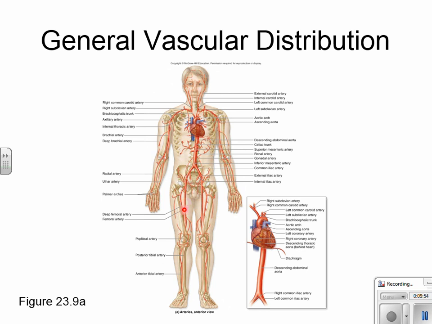And then the femoral artery gives rise to the popliteal artery. So guys, remember the popliteal artery, it's named that just because the back of the knee is called the popliteal fossa. So femoral artery turns into the popliteal. And then down in the leg, we have an anterior and a posterior tibial artery.